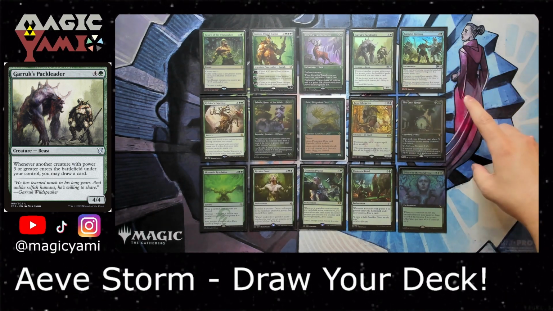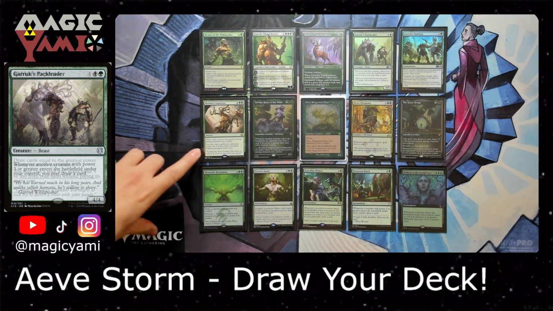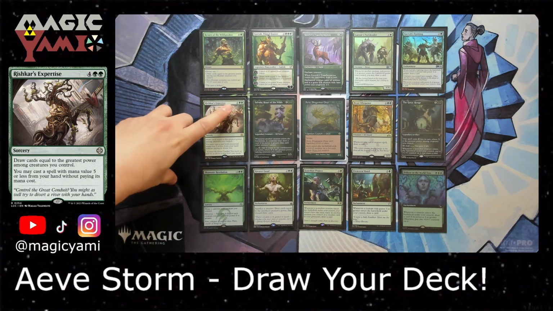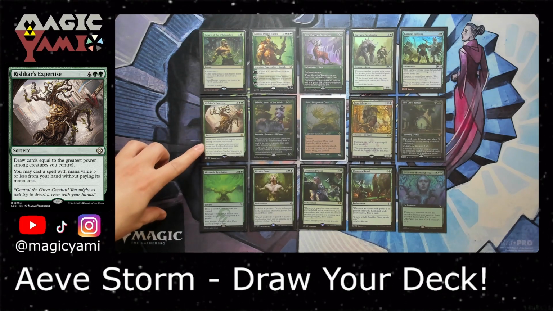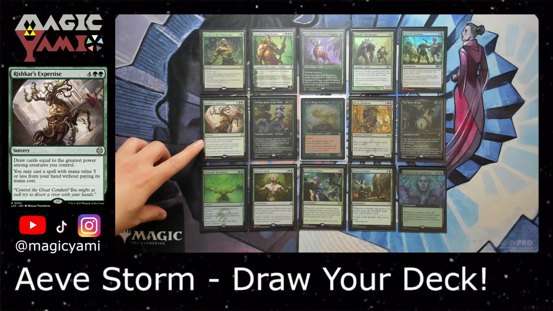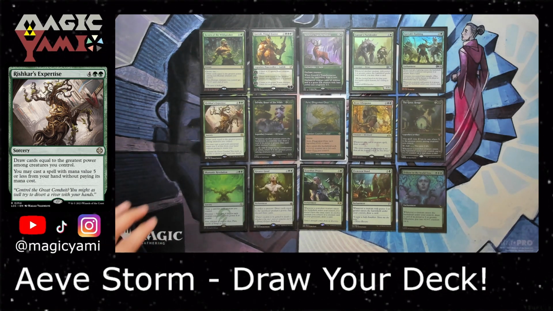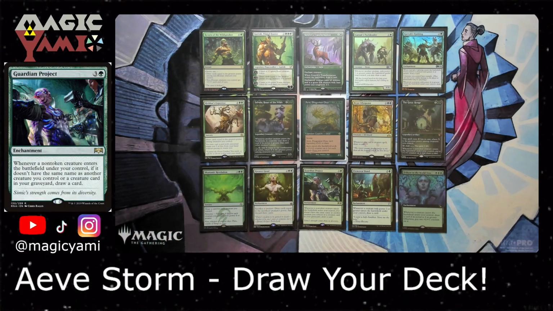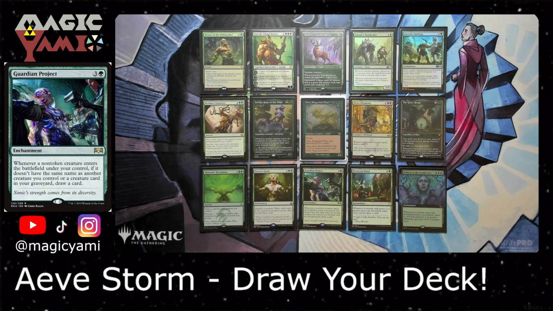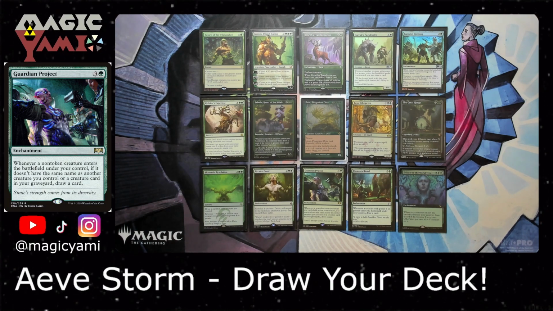Or I would be taking out Rishkar's Expertise because it is a 6 cost. If there were to come out another card that says draw equal to the greatest power, okay? So that's what would go first rather than Guardian Project, which is a 4 mana card that is going to keep drawing you as long as you play anything that is not Aeve.